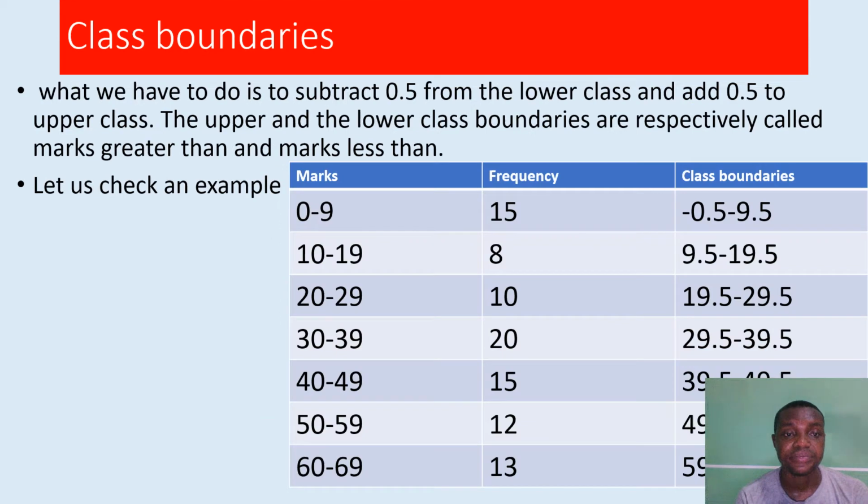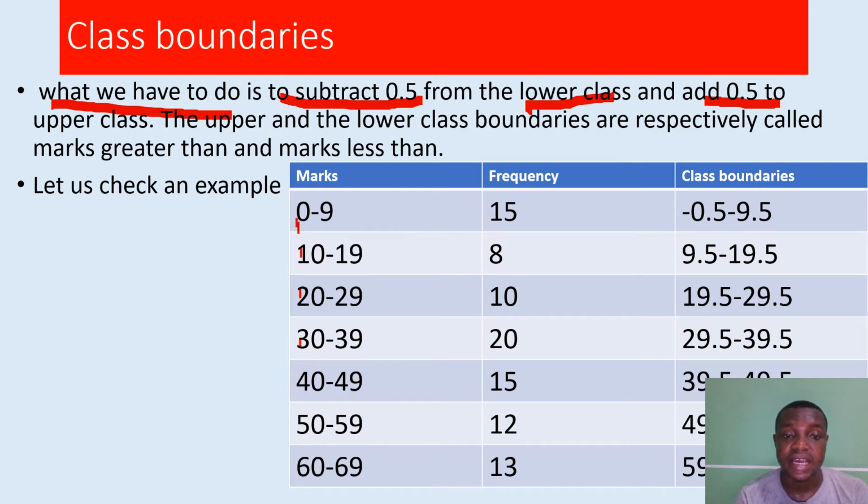Let's start. Before we start with the histogram, let's look at how to calculate class boundaries. What we have to do is to subtract 0.5 from the lower class limit, then add 0.5 to the upper class limit. When you talk of lower class, they are all the first numbers of each interval.